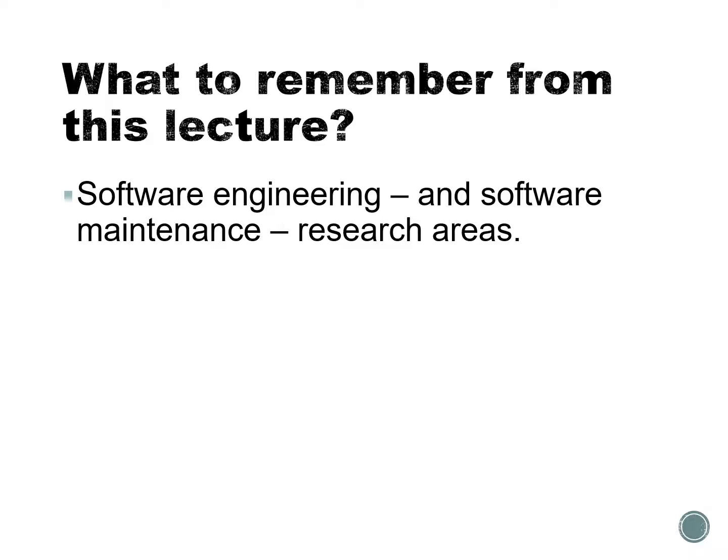So, what to remember from this lecture? Well, the first thing to take home probably is that software maintenance doesn't exist in its own bubble. Software maintenance is part of software engineering, and software engineering has different things attached to it, mostly because it's a huge, sprawling area of things that you can actually do and still call yourself a software engineer.